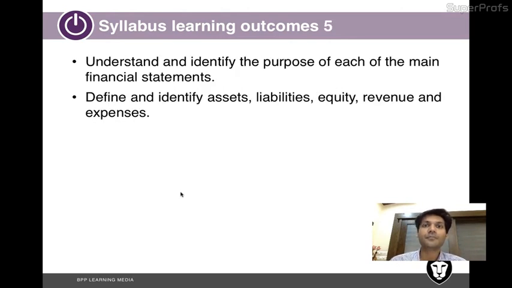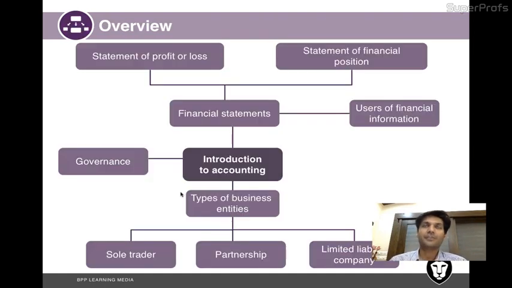Learning outcome 5: we will understand and identify the purpose of each of the main financial statements, and then see what is meant by asset, liability, equity, revenue and expenses. These are the outcomes we are going to cover in this chapter 1.